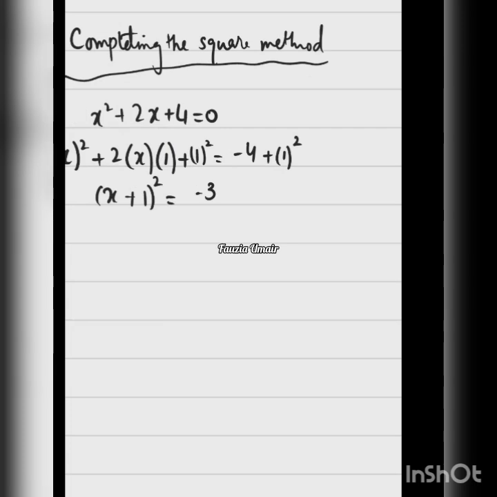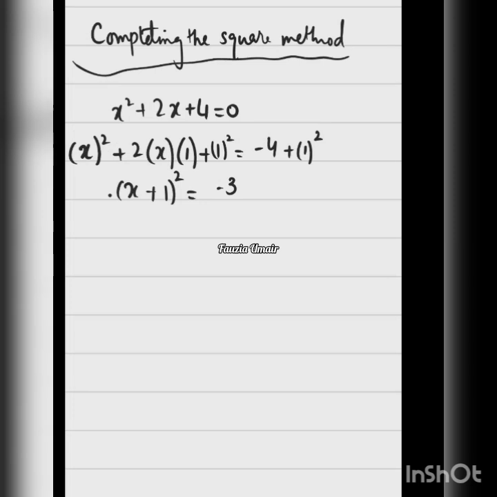So we will take the square root on both sides. So we will write down x plus 1 whole square is equal to -3 square root. So this is x plus 1 and this is the square root of -3.